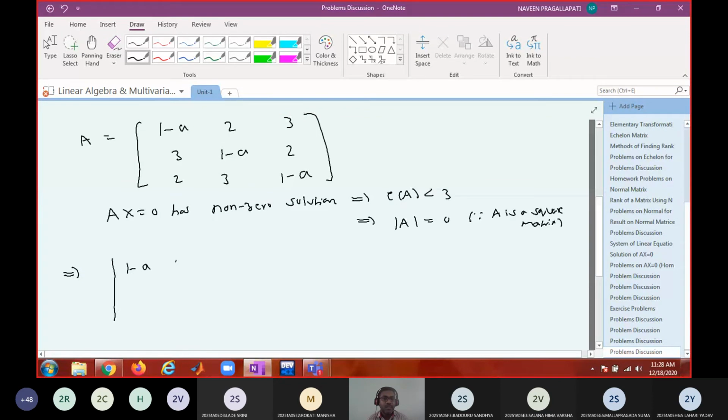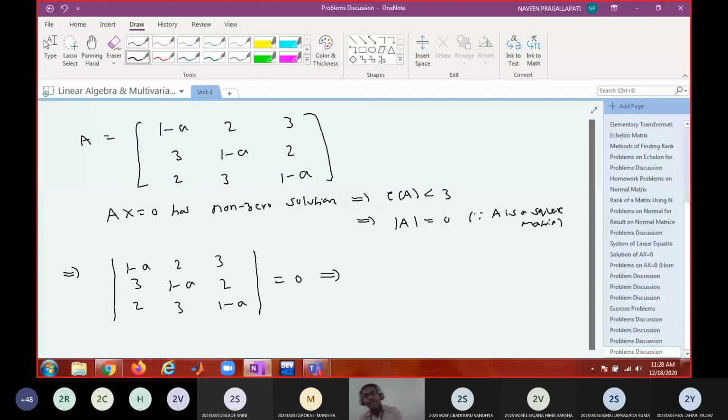The determinant of [1 minus a, 2, 3; 3, 1 minus a, 2; 2, 3, 1 minus a] equal to 0. Again you may get a cubic equation, and when you get a cubic equation you will get 3 roots. The roots of a cubic equation may be real or complex, and you have to show that the only real root is 6 and the remaining roots may be complex roots.